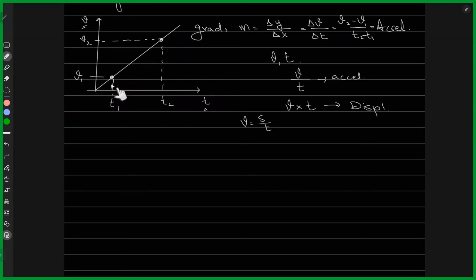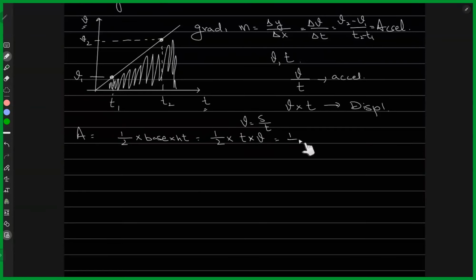So the area under this, for example, if this is a triangle, the area under this triangle is given by half into base into height. So the base is the time axis t, the height is the velocity axis, velocity.